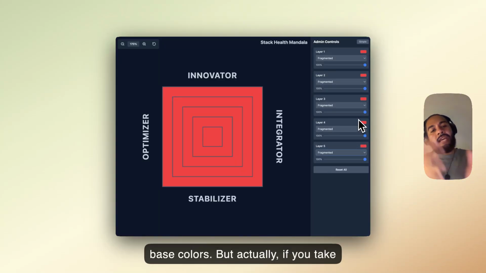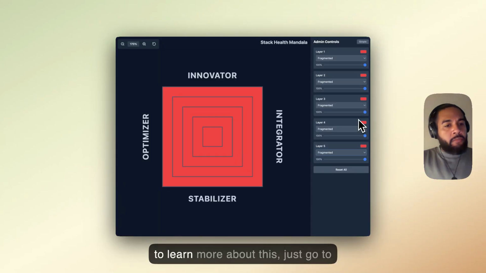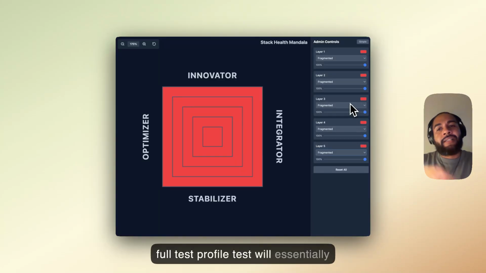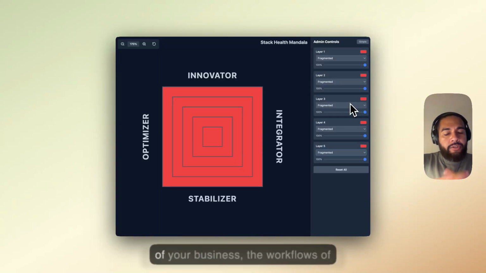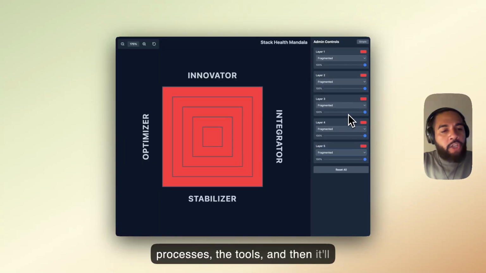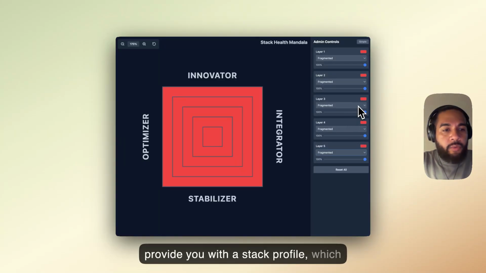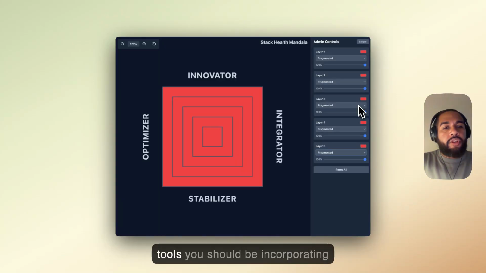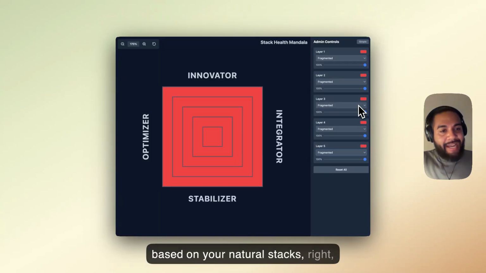But actually, if you take the profile test, and again, if you want to learn more about this, just go to consciousstackdesign.com. The full profile test will essentially take you through everything that's needed to be known around your business, the workflows, the processes, the tools, and then it'll provide you with a stack profile, which you can use to actually make better decisions around which particular AI tools you should be incorporating based on your natural stacks, right?